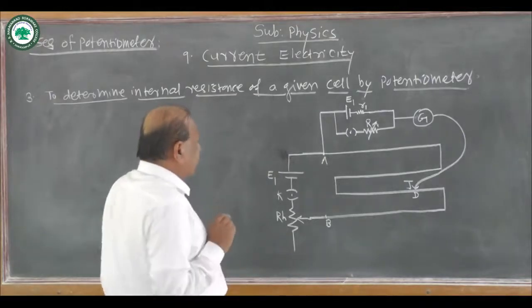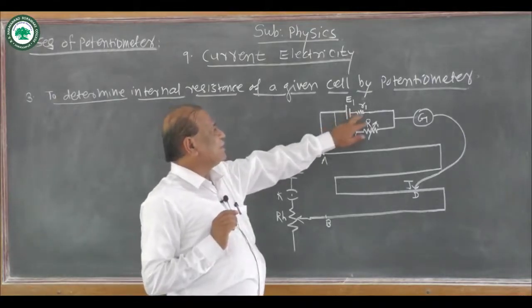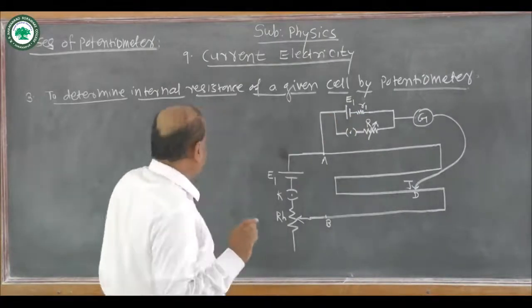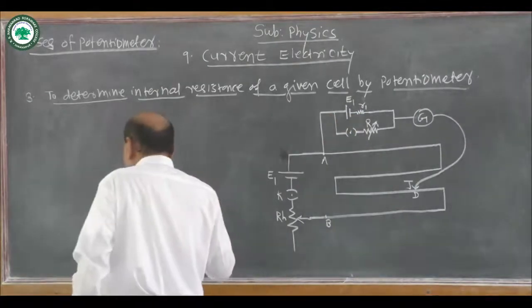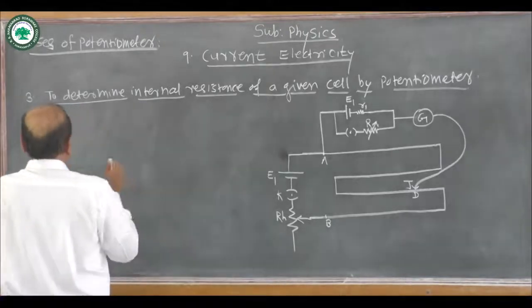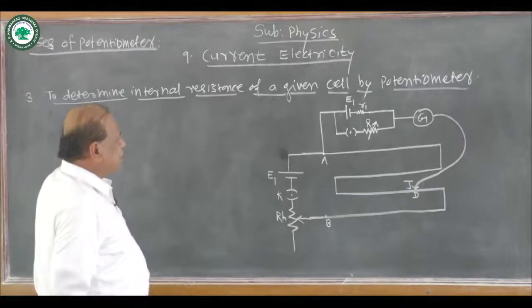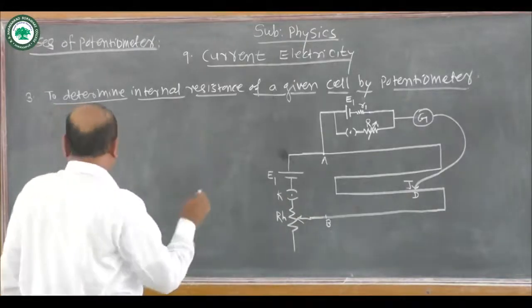Now we have to calculate the internal resistance of the given cell E1. For that purpose, initially make this circuit arrangement as shown in the figure.